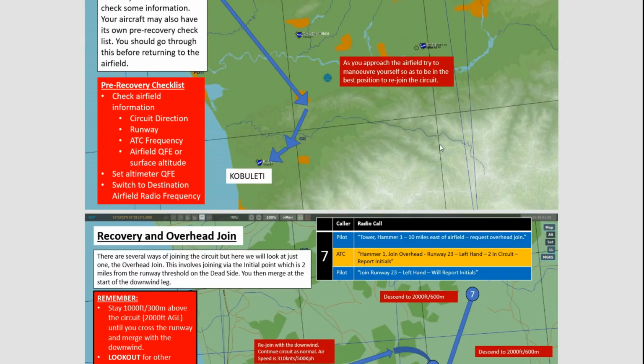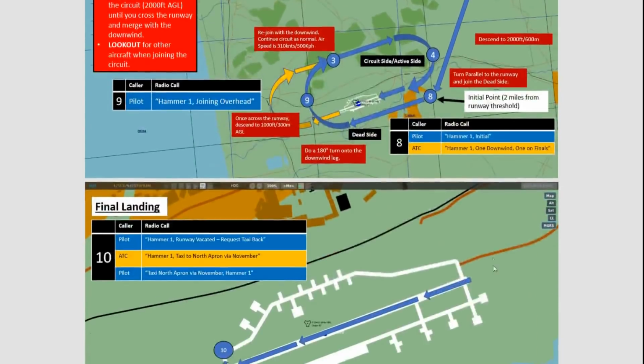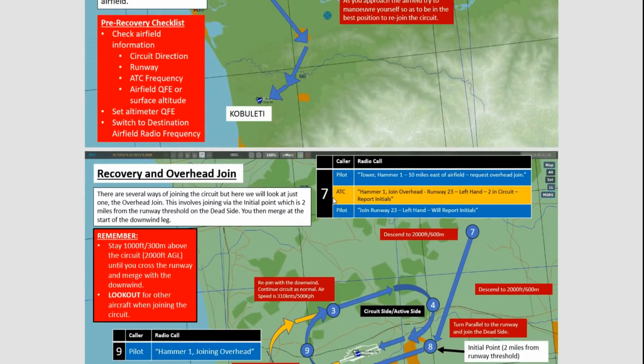So if we back up one sheet, number 7, if it's an uncontrolled airfield like most, Tower, Hammer 1, 10 miles east of the airfield, we wouldn't say request overhead join because there's no one to answer it. You would just say, I guess, traffic instead of tower, or whoever's around that airfield.